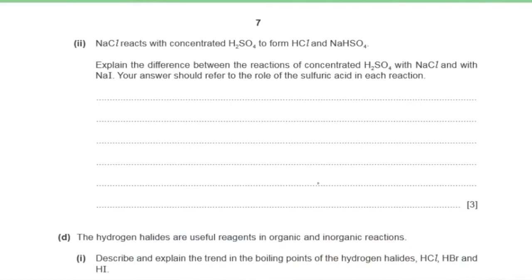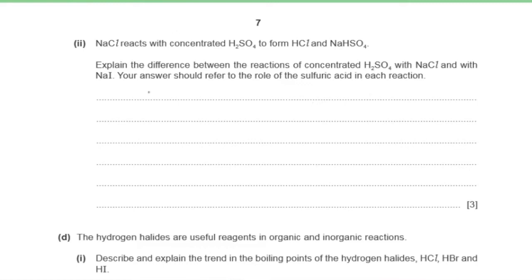Part 2, sodium chloride reacts with concentrated sulfuric acid to form hydrochloric acid and sodium hydrogen sulfate. Explain the difference between the reactions of concentrated sulfuric acid with sodium chloride and with sodium iodide. Your answer should refer to the role of the sulfuric acid in each reaction.